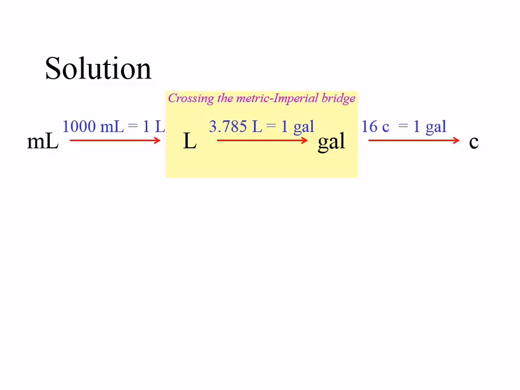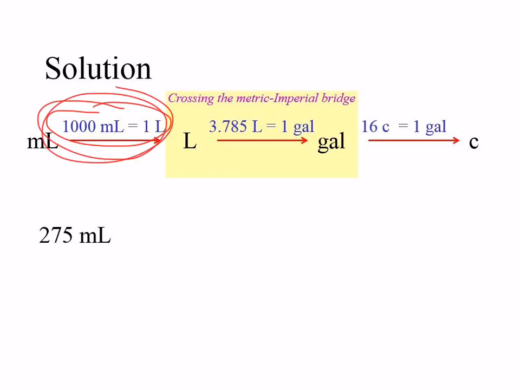But what's the first term going to be from left to right? 275 milliliters over 1. Perfect. Now, according to the strategy, how do I go from milliliters to liters using that relationship? 1 liter on top, 1,000 milliliters on the bottom.